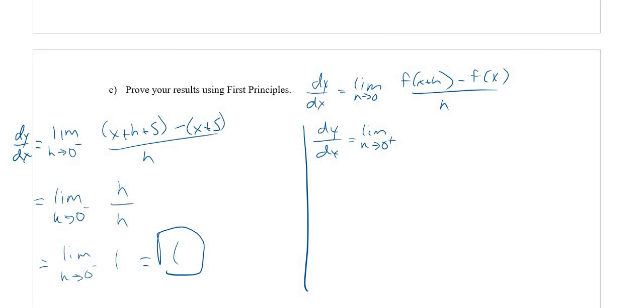So on the right side, we have 0.5 times x plus h plus 2, minus 0.5x plus 2, all in brackets, over h.